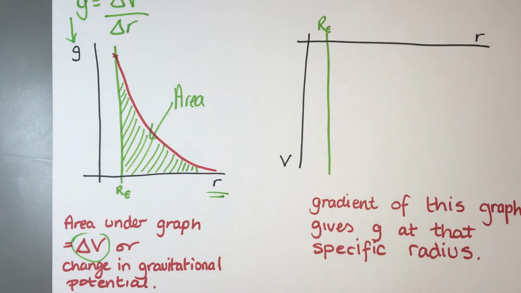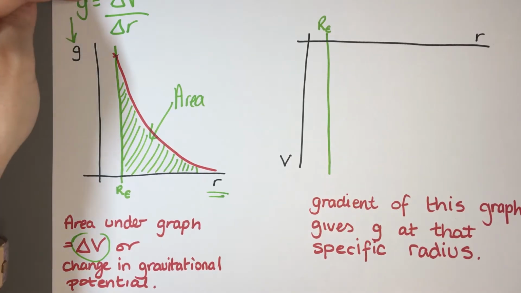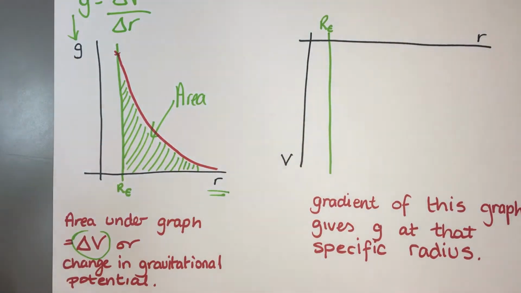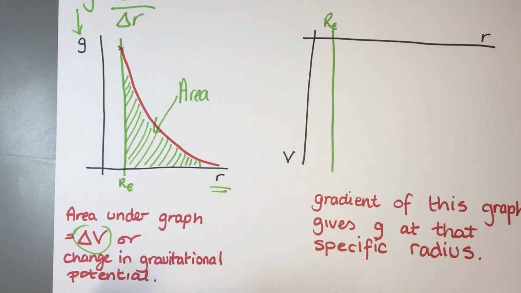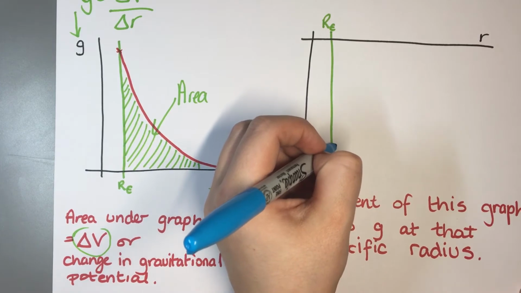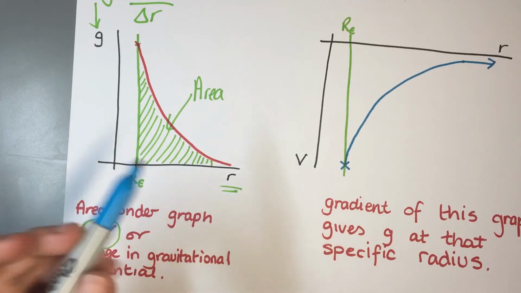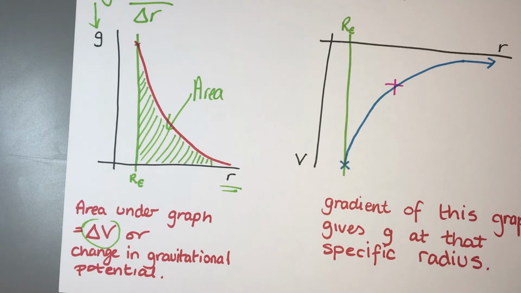Because we can find out what our g is using our delta V, we should be able to use our V to find our g as well, if we've got V on the axis instead of g. Exactly the same at the radius of the Earth, it's going to be as negative as it can possibly be. And as you get further and further away, it's going to become less negative. Now, the gradient of that graph at any point, say if I wanted to find out the point here, you'd have to find a tangent.